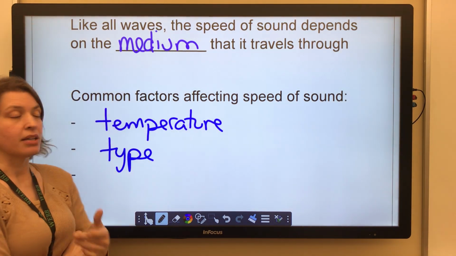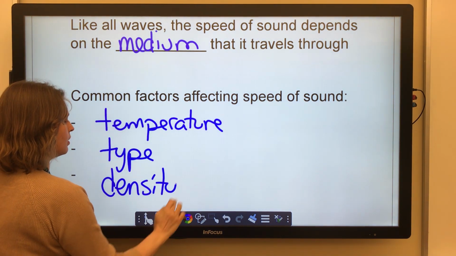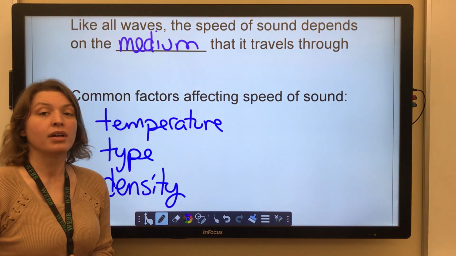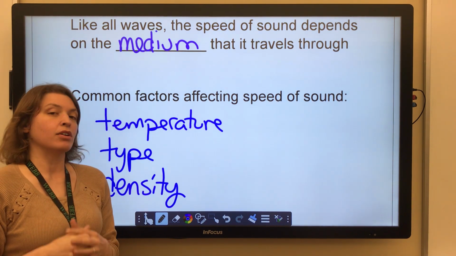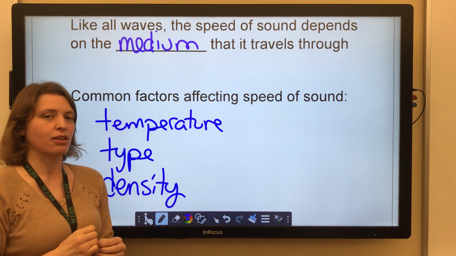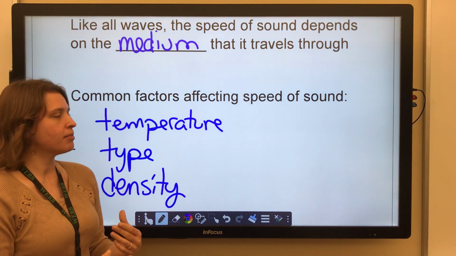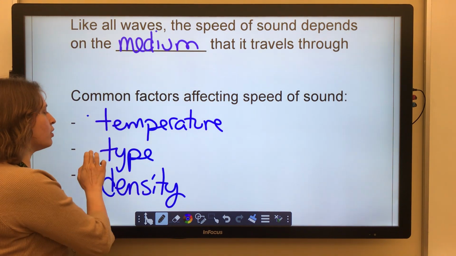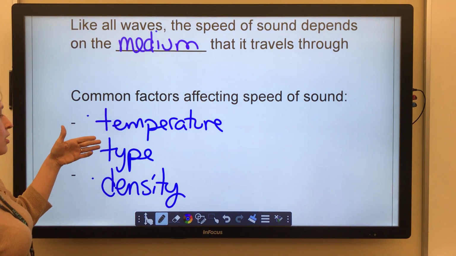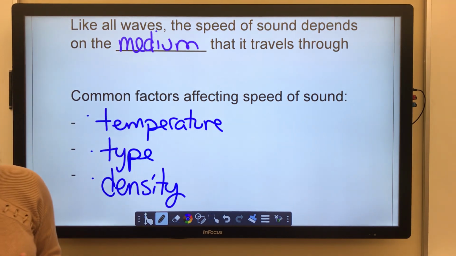The other thing it might depend on is the density. Now, it's not true that more dense material means faster sound. It's not 100% accurate. It tends to be, it kind of follows that trend to some degree, but there's really multiple factors at play. There's temperature, type, and density, all of those sort of interacting with one another.